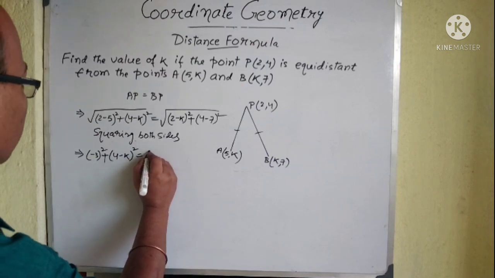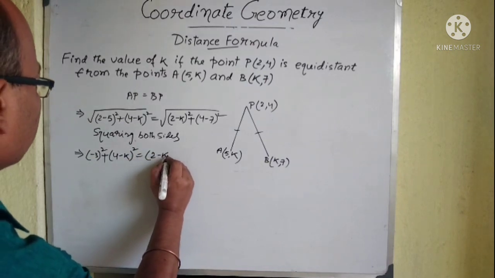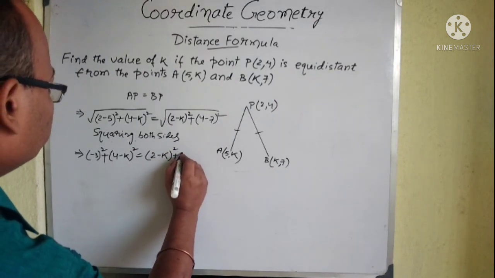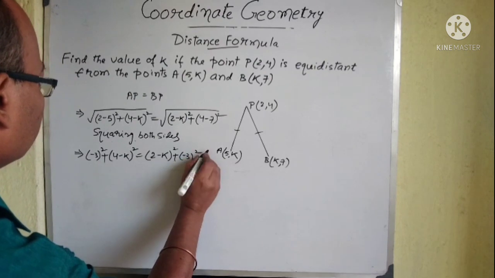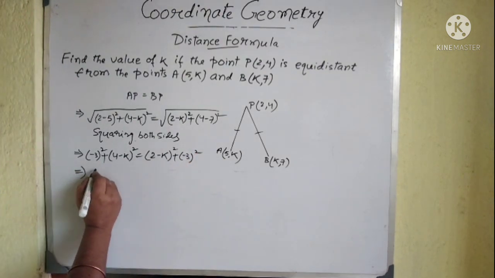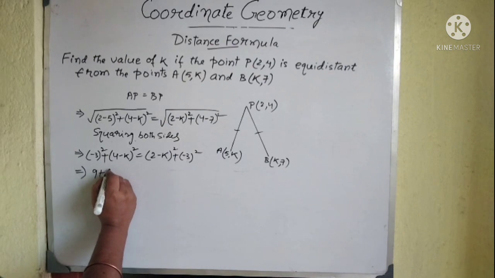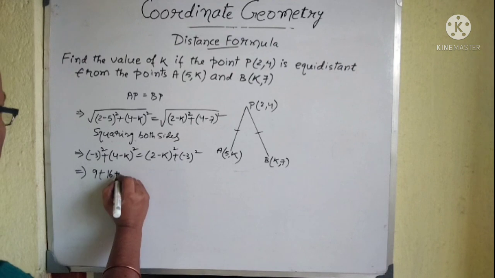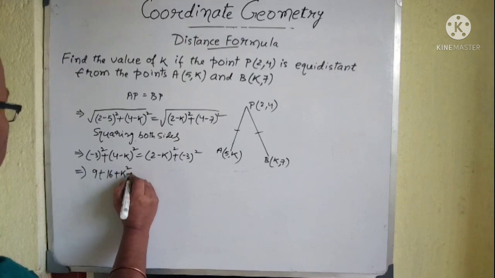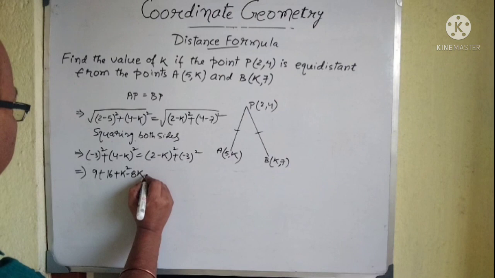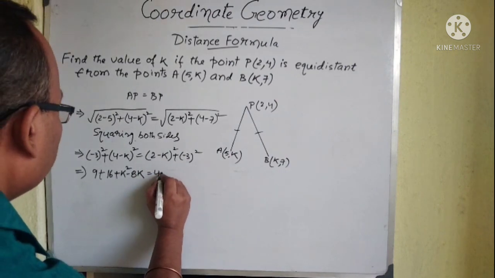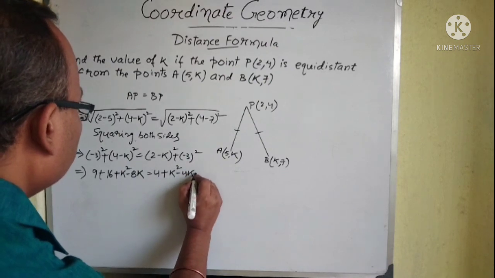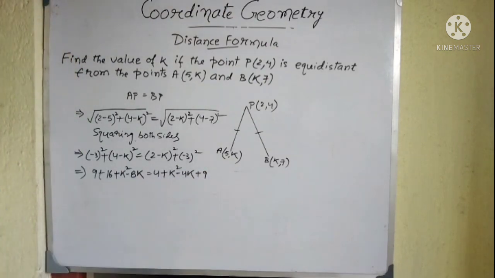Here it will be (2 minus k) whole square plus (minus 3) whole square. So this will become 9, then this will become 16 plus k square minus 8k. This will be 4 plus k square minus 4k plus 9.